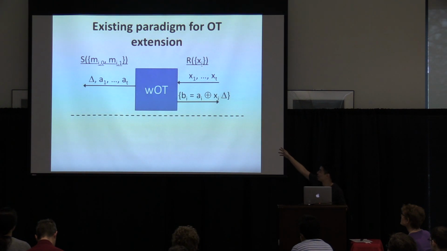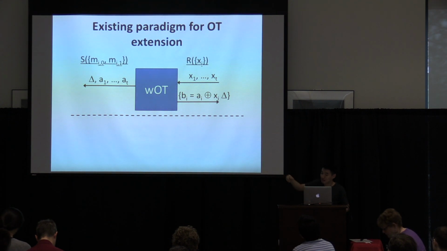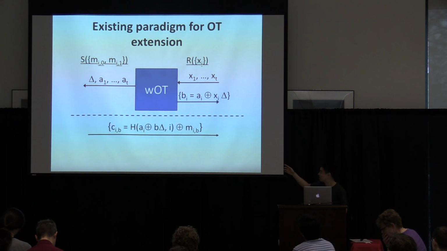These A's and B's are not really messages; they are just some random correlation. Then when the sender wants to send the messages, the sender sends the hash of some combination XORed with the message, and it serves the purpose of encrypting the messages using different keys.